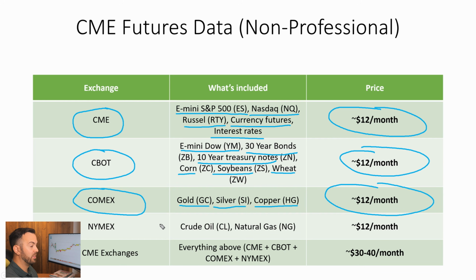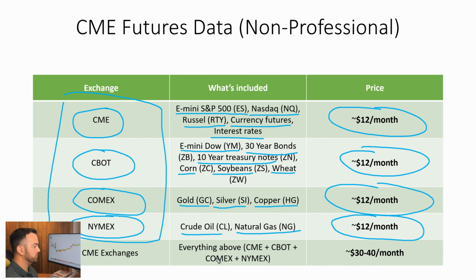Again, $12 per month. Then there's NYMEX, where you'll get data for crude oil and natural gas futures. Again, $12 per month. Or if you opt for all of them together, then you can get that for roughly $30 or $40 per month.